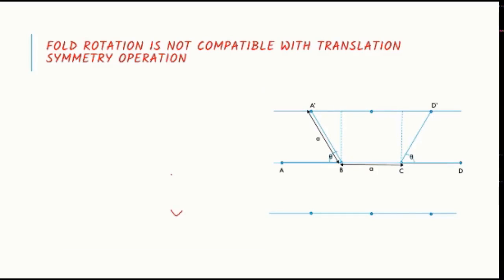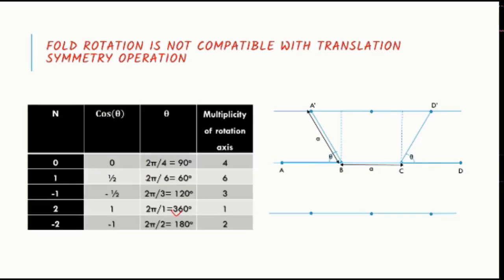Now, we will find possible values of theta. Corresponding to 0 value of n, the value of theta is 2 pi by 4, which means we have a 4-fold axis of rotation. Corresponding to a value of 1, theta is 2 pi by 6, which means we have a 6-fold axis of rotation.